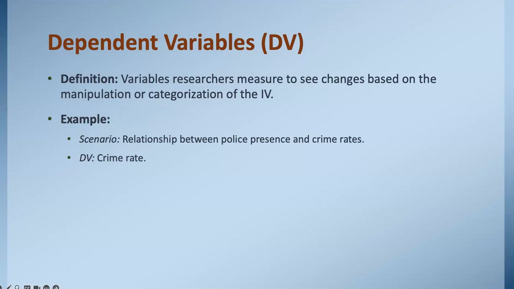As I said, the independent variable remains constant, but your dependent variable is what you're measuring. That's what's going to change. In the same study, the crime rate would be our dependent variable, as we're trying to observe whether it changes based on our independent variable of police presence.